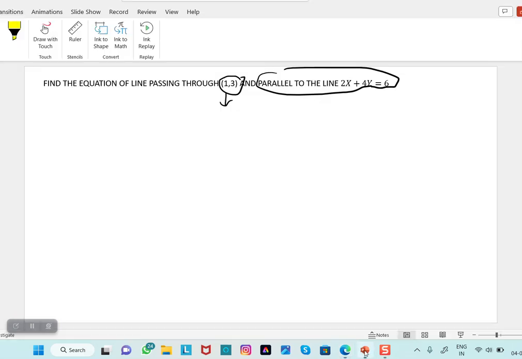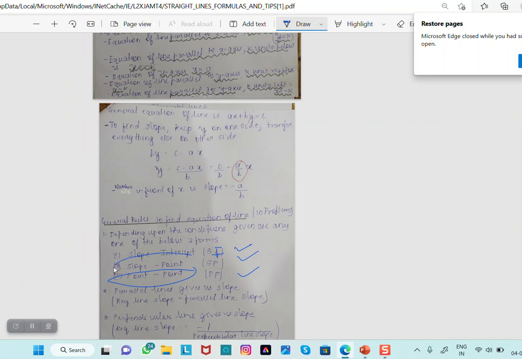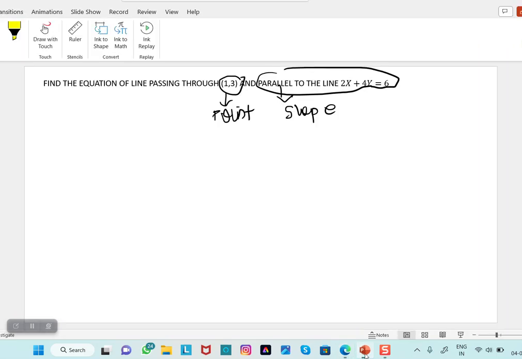We are given a point in this case, and when a parallel line is given, it is an indirect way of giving slope. So since slope and point is given, we will use the slope point form.